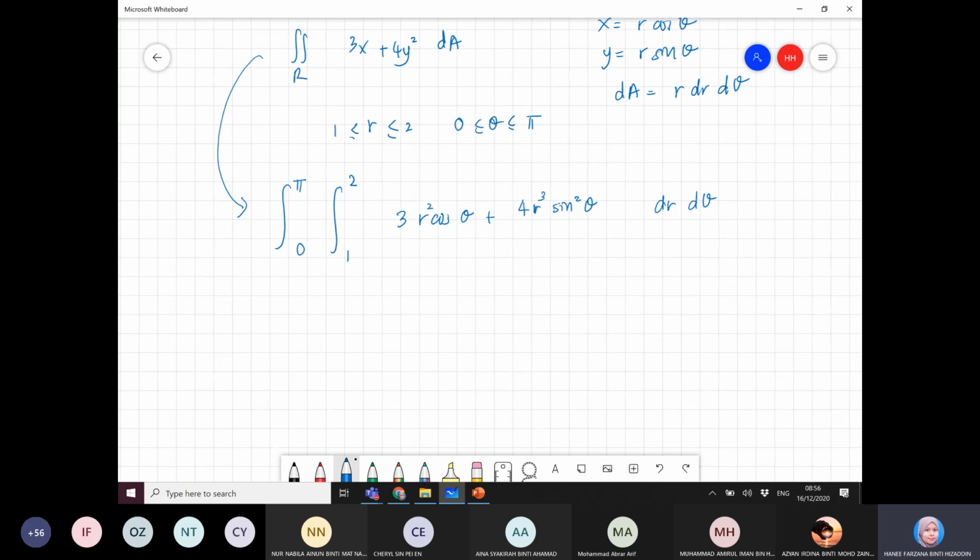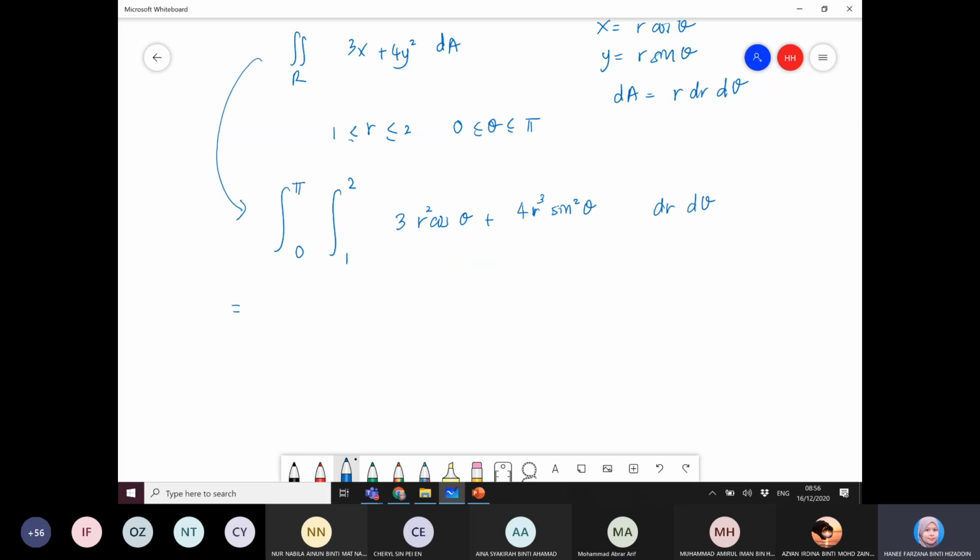And then you integrate the inside first, then you integrate the outside. So 3r cos theta d theta. Now this cos theta, everything we treat as a constant. So 3r cubed over 3 cos theta plus 4r to the 4 over 4 sine squared theta, from r equals 1 until r equals 2, d theta.